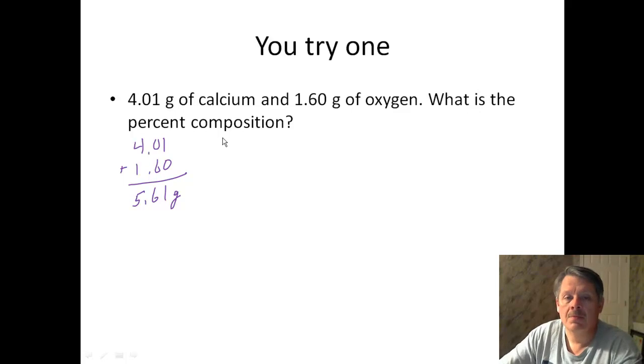All right, we have two things. We have calcium and we have oxygen. Calcium is 4.01 grams, and I'm going to divide that by my total number of grams, which is 5.61. And because we're looking for a percentage, I'm going to multiply by 100%. Right, the number that I get is 71.5%.